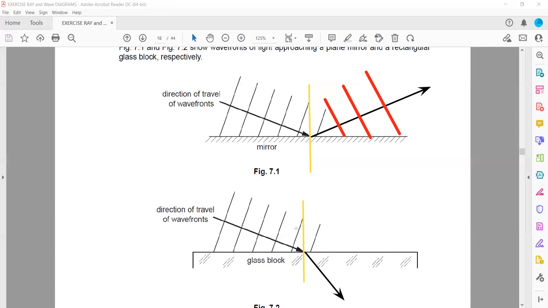And to draw the refracted wavefront, we check the direction of the wave. The direction of the wave and the refracted wavefront should be perpendicular to each other, or 90 degrees to each other. So this is how we draw the refracted wavefront.